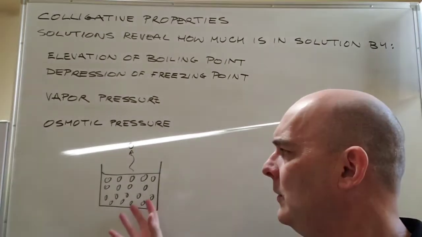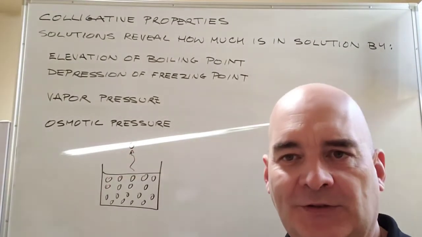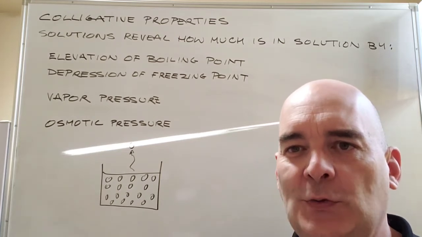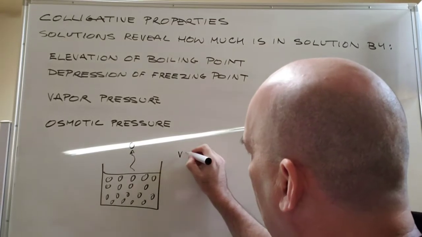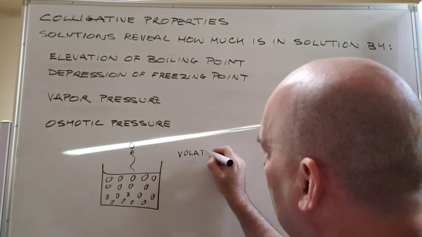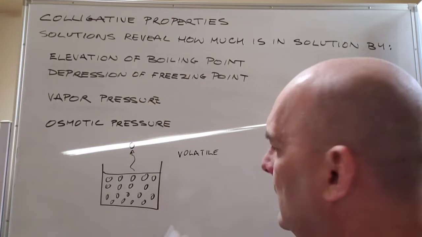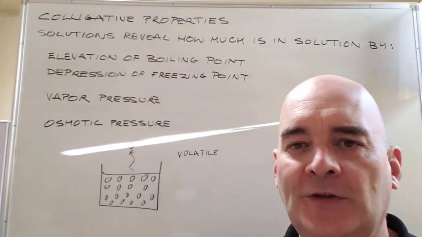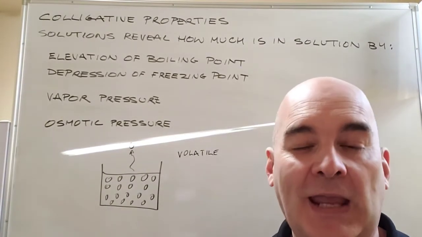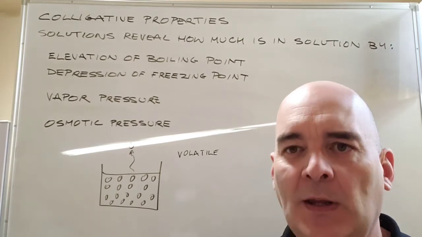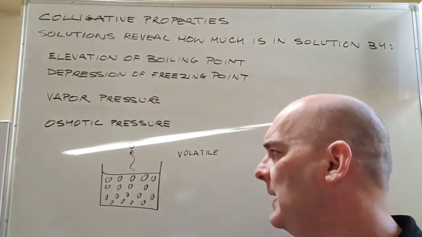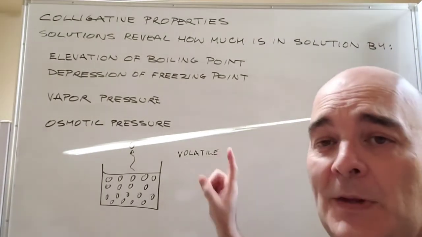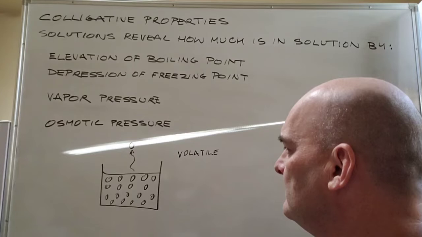Well, all liquids do this to a certain extent, some more than others. The ones that do this a lot, those are called volatile. A volatile liquid is one that turns into a vapor or into the gas phase very, very easily. These boil at low boiling points, and if they're flammable, then we have to worry about them.